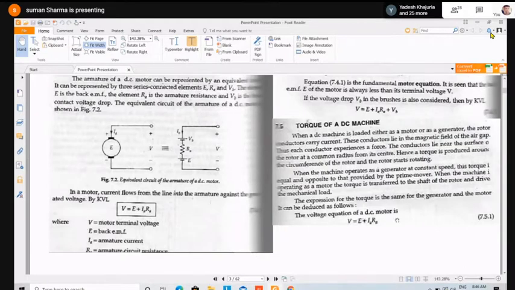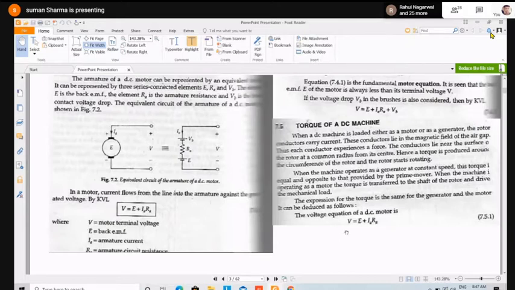First, we will write the voltage equation for DC motor, that is control equation for DC motor. From this equivalent circuit, ignoring the brush drop, we are writing V is equal to E plus IARA. IARA is the drop due to the armature resistance, and this E is the back EMF, V is the terminal voltage or supply voltage.